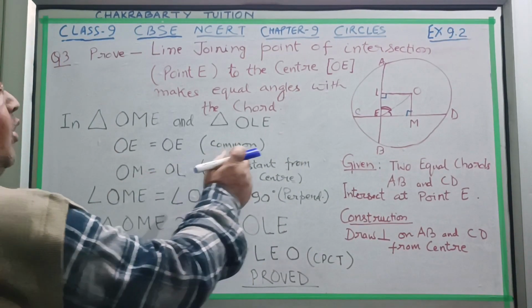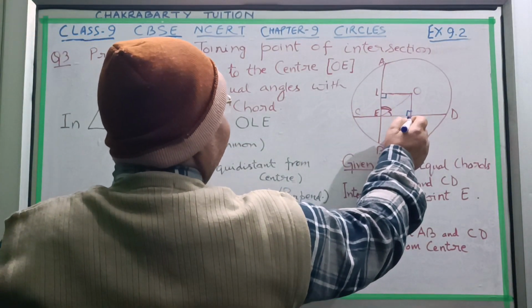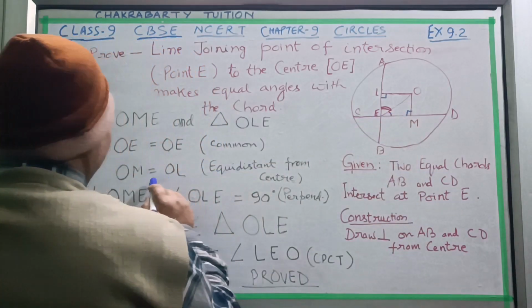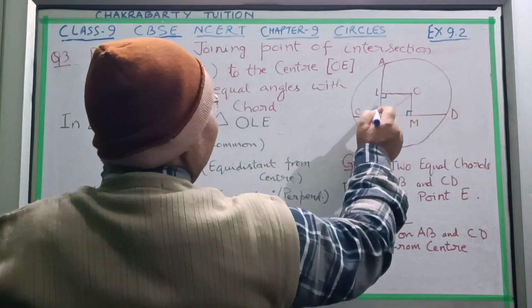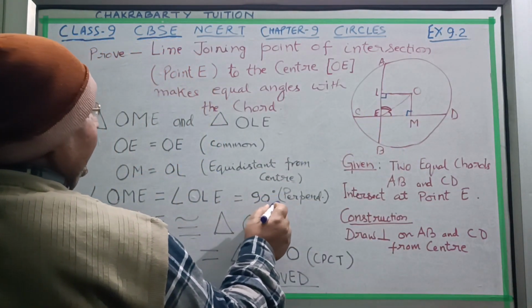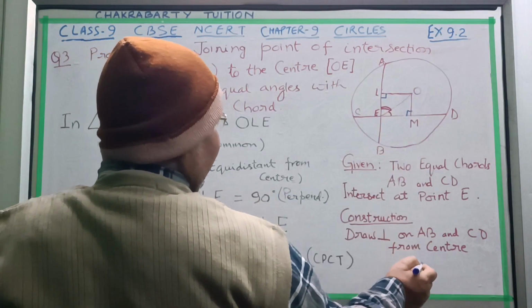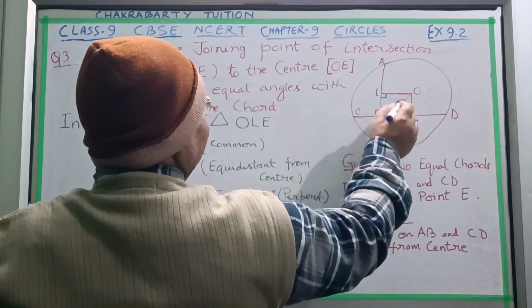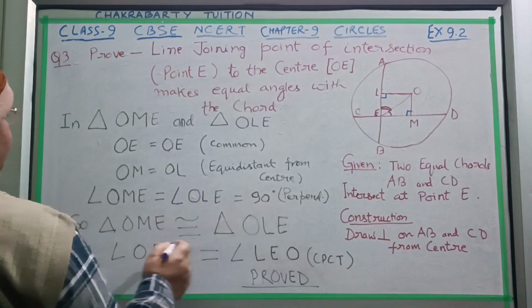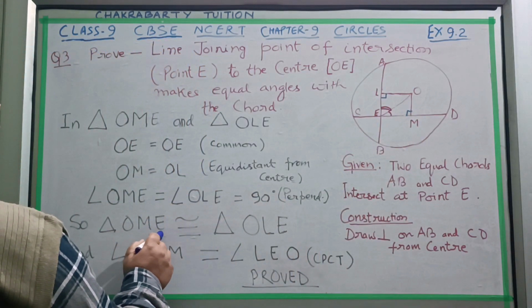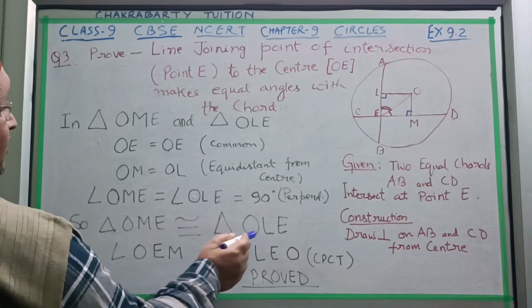And angle OME and angle OLE both will be 90 degrees because we have drawn a perpendicular from the center. So triangle OME will be congruent to triangle OLE.